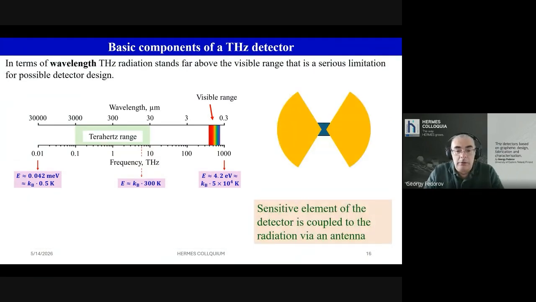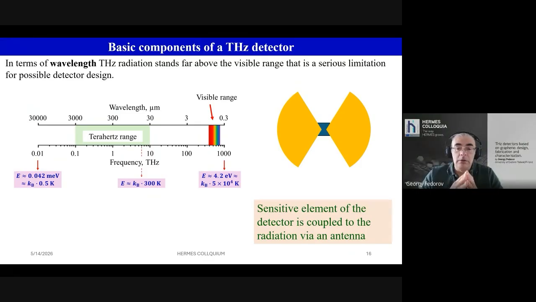Now, if we look at the upper bar on this chart, which talks about wavelengths, we see that the wavelengths of the radiation we want to detect are sub-millimeter, but it's many, many microns. And the structures we want to work with are relatively small because we want sensitive detection, we want fast detection, and that imposes certain restrictions onto the size of our sensitive element. And it's much smaller than the wavelength corresponding to terahertz radiation.